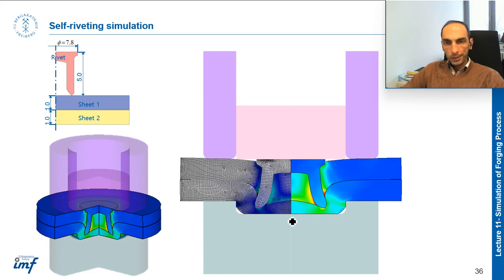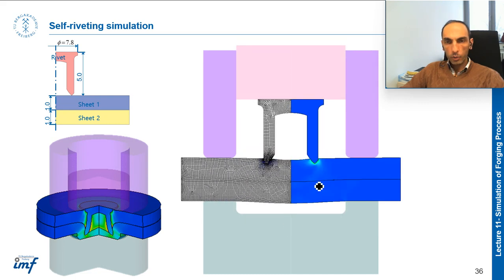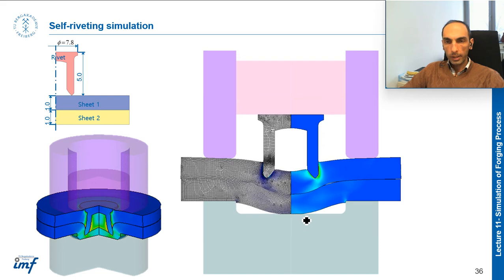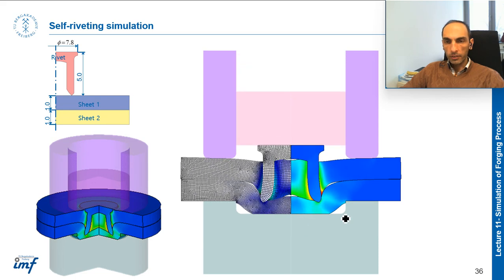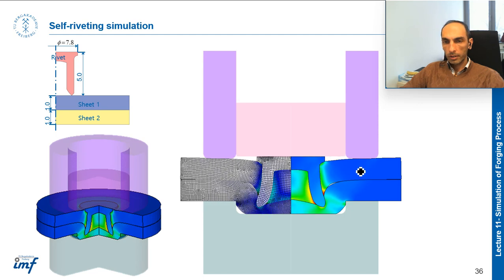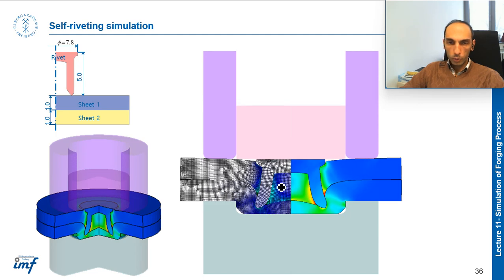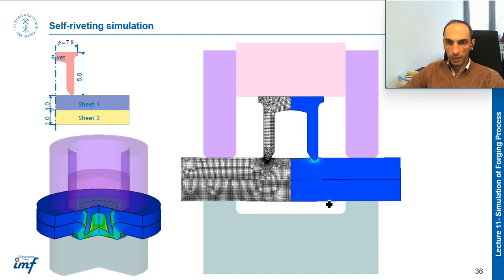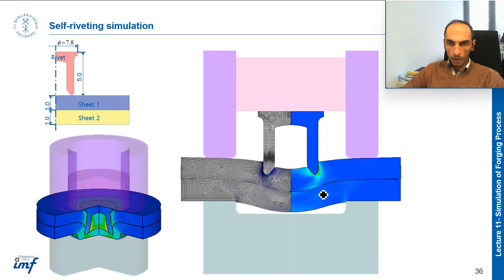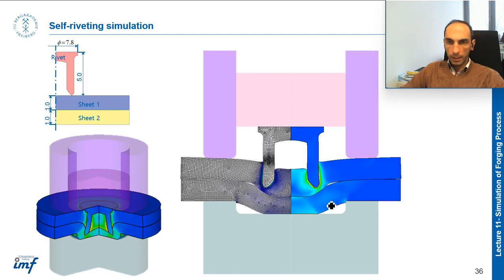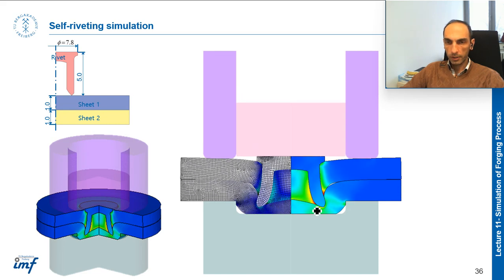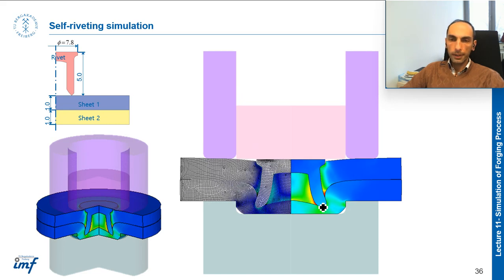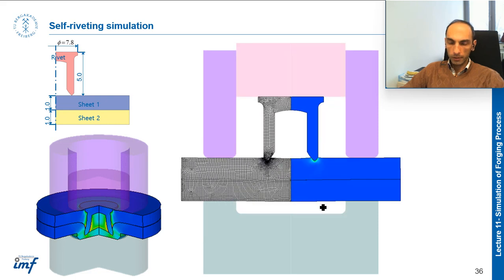So what you can see here is that you are able to simulate even if you have different bodies. You have two sheets here, which we are trying to join, and a rivet here. So three different bodies, but you can simulate even such a process.